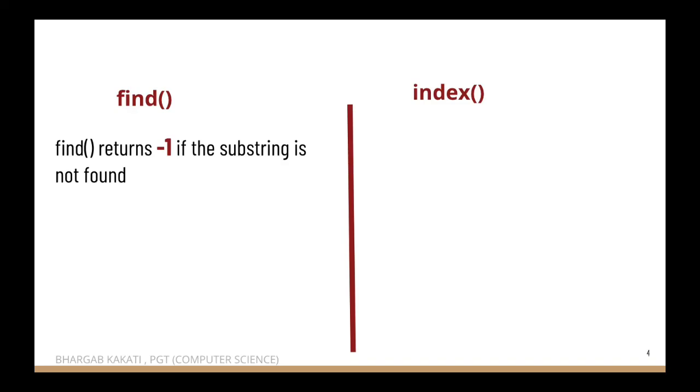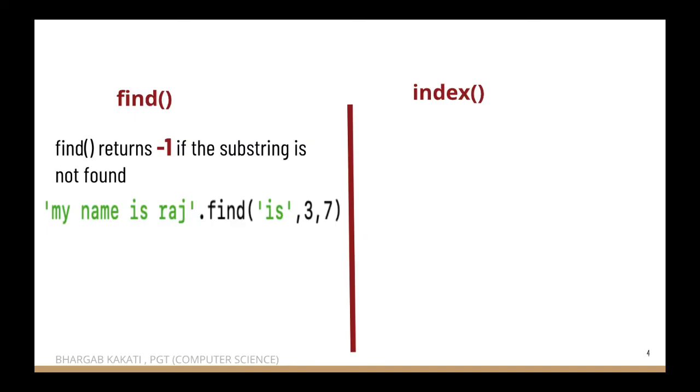The first point says that find function returns -1 if the substring is not found. So if you remember the previous part concept regarding the find function, whenever we used find function to find a substring which is not present within the range, then it returned what? It returned -1.